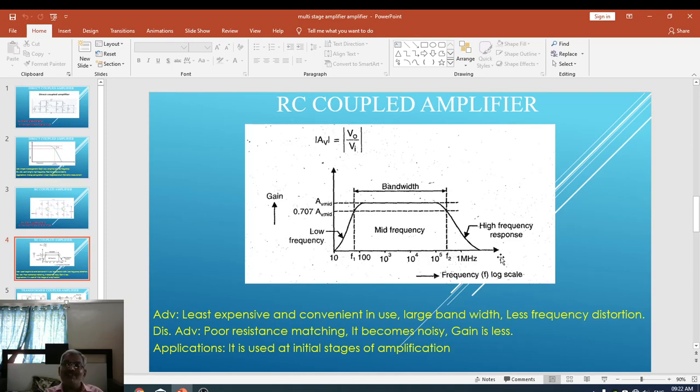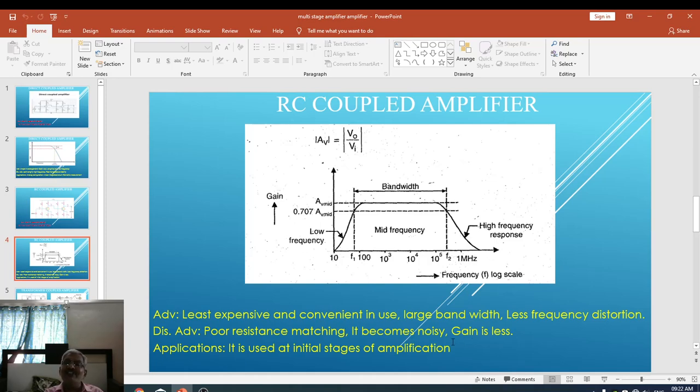This amplifier also possesses some advantages. The first advantage is that it is least expensive and convenient in use. It has a large bandwidth, which we can observe from the frequency response curve. It has less frequency distortion. It has disadvantages: its poor resistance matching, meaning impedance matching is poor.